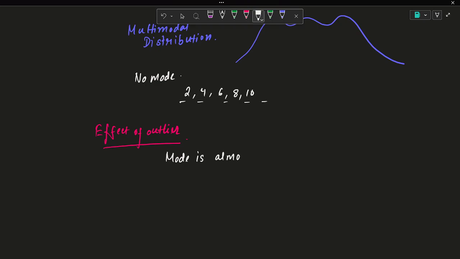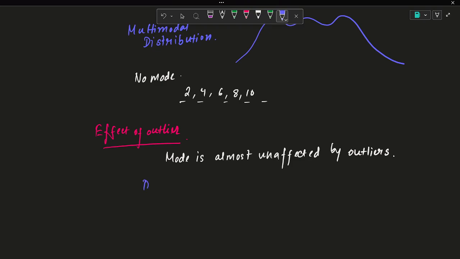Mode is almost unaffected by outliers. You don't need to understand the value of outliers here.